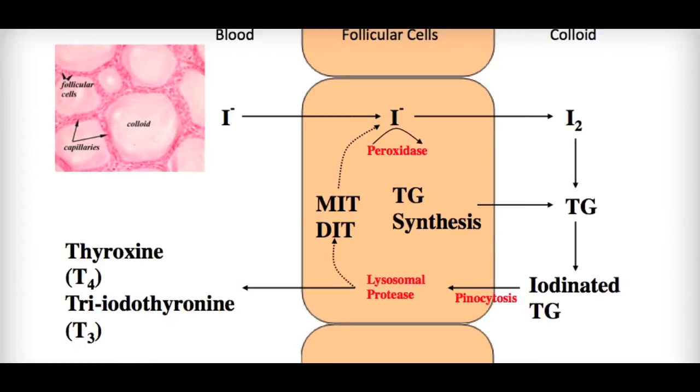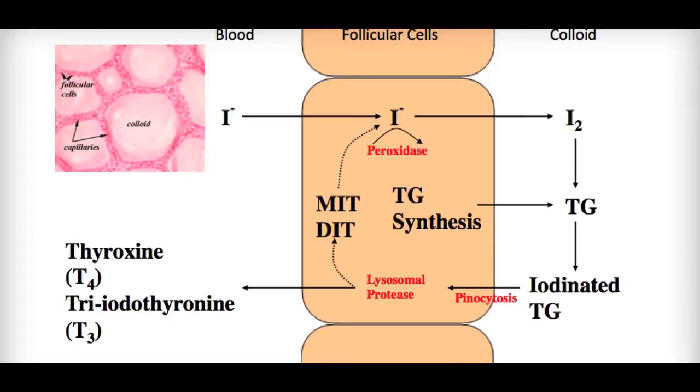Iodine gets taken in, it gets converted by the thyroid peroxidase enzyme from I- into I2. The I2 will then go into the colloid and bind to thyroglobulin. Thyroglobulin will now get iodinated and then will be taken in by pinocytosis into the follicular cell. Once it's inside the follicular cell, the lysosomal protease enzyme will cleave off the T3s and the T4 hormones and release them into the bloodstream.